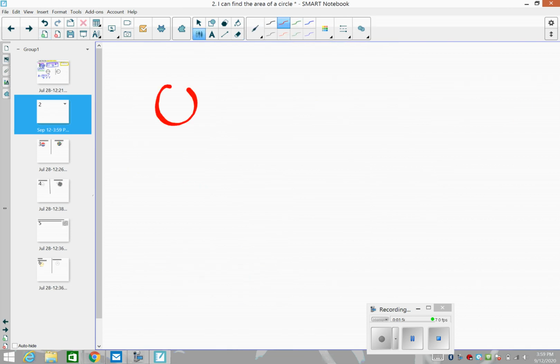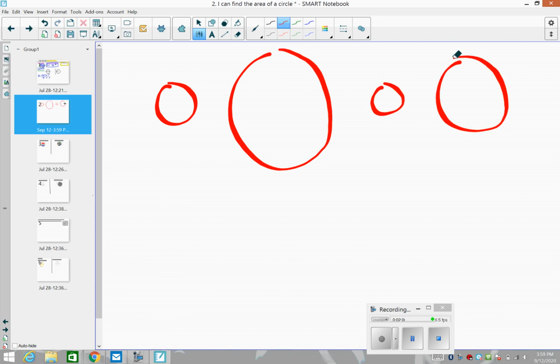So ancient mathematicians took all different size circles.